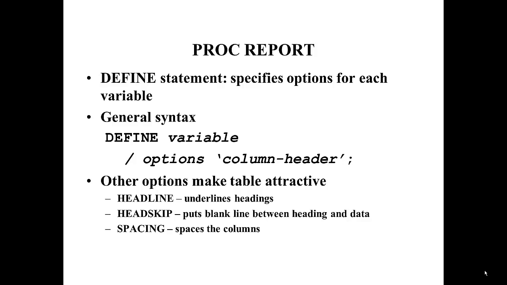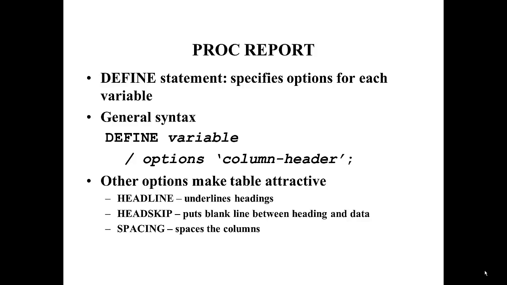Another thing you can do with the option statement is if it's a numeric variable, you can attach a format to it. So you could attach a 6.2 format so that when Proc Report prints out that variable, the format will show with just 2 digits to the right of the decimal point. Also, you can assign a column width to your variable.